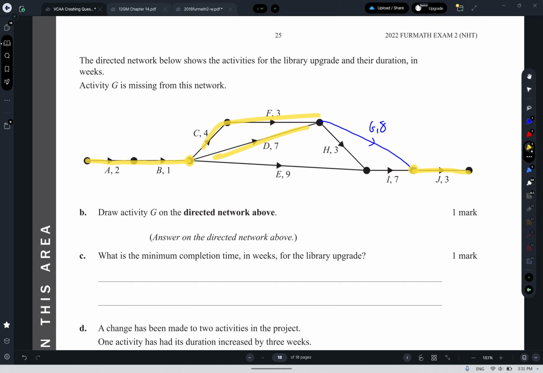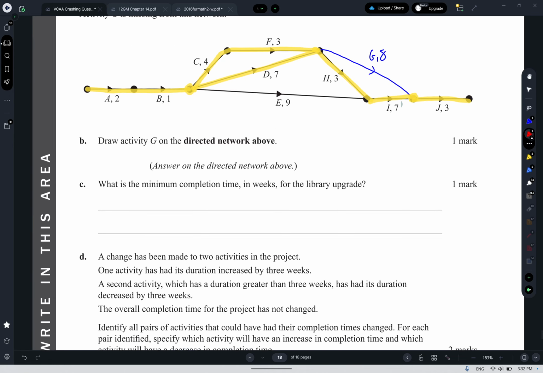And so we've got 7 plus 3 is 10, plus 7 is 17, or 7 plus 8, which is 15. So it's going to be this route here. That's critical, I believe. So 2 plus 1 is 3, plus 7 is 10, plus 10 is 20, plus 3 is 23. So 23 weeks.